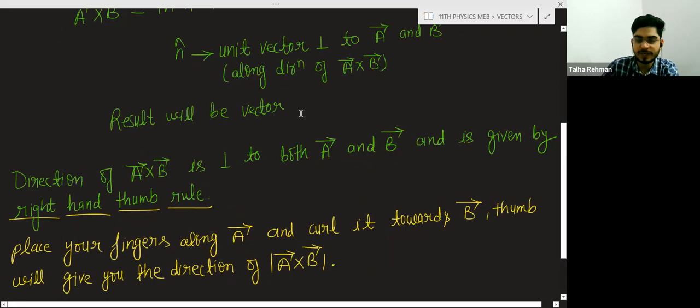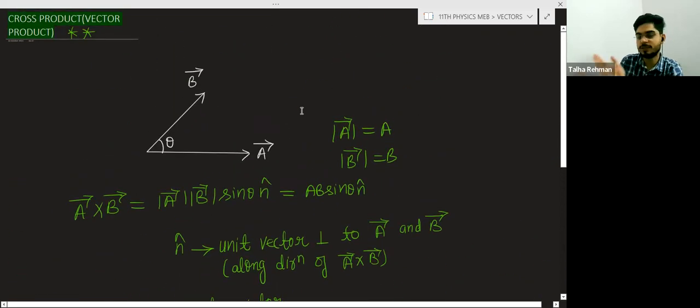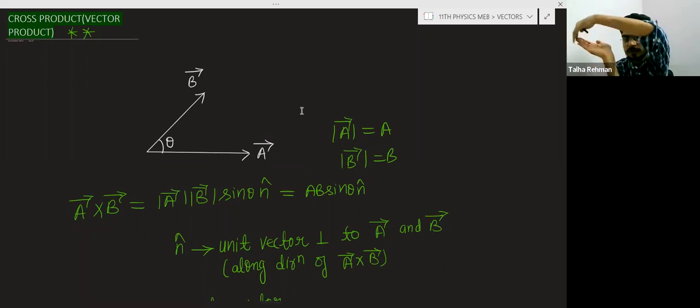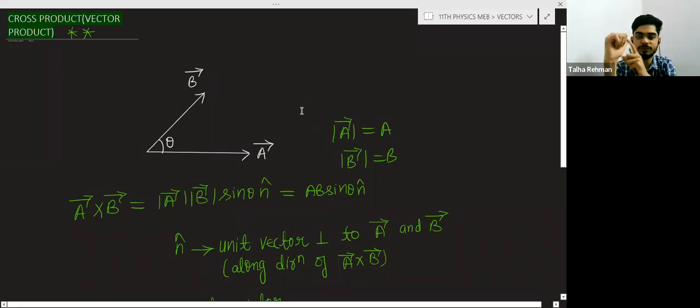The result is a vector. How will you calculate the direction of A cross B? Just point your fingers along the A vector and curl your fingers towards the B vector. Then see the direction of your thumb.